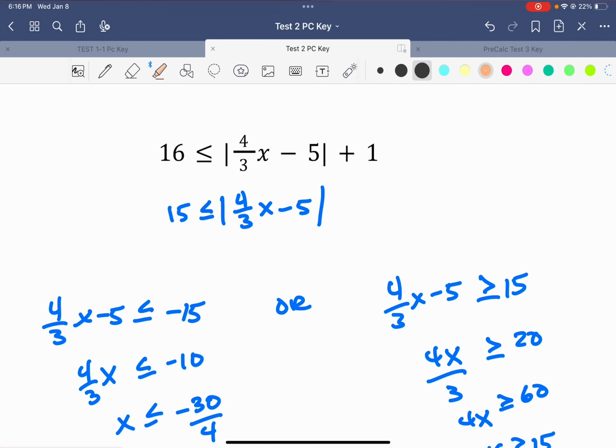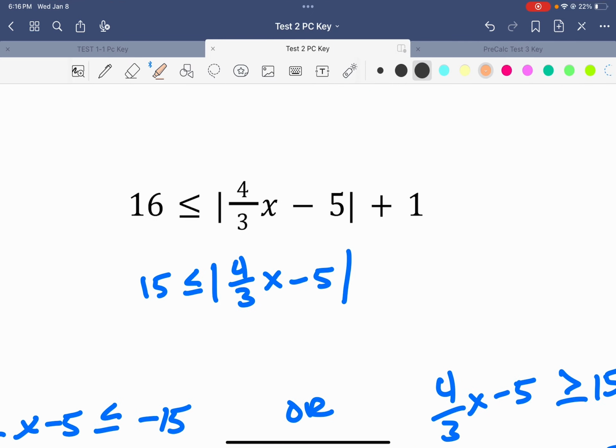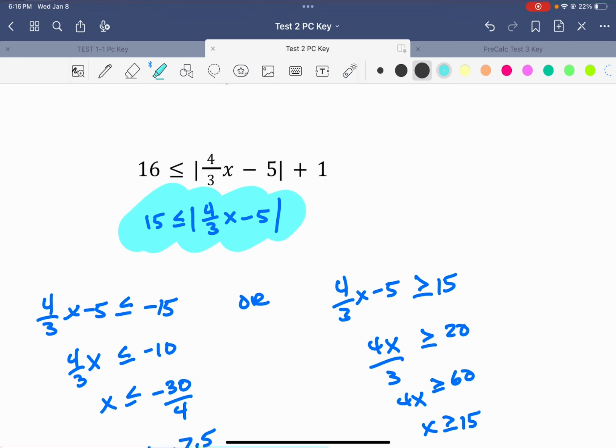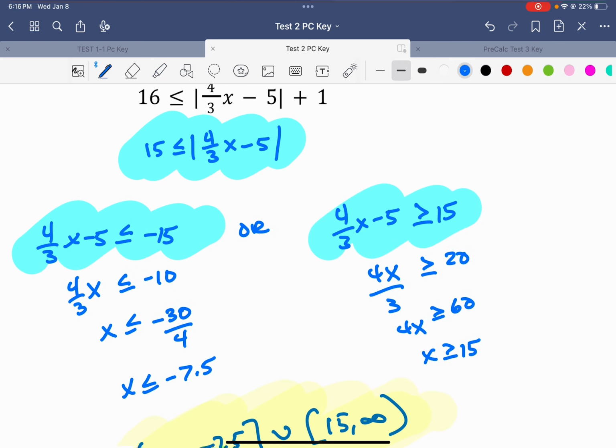Okay. Now we see this one, and notice if I subtract 1 from both sides, I end up getting this guy, and using my discussion from earlier, I can change this into either this or this, two separate disjoint pieces. So when I solve the one on the left, I get x is less than 7.5.